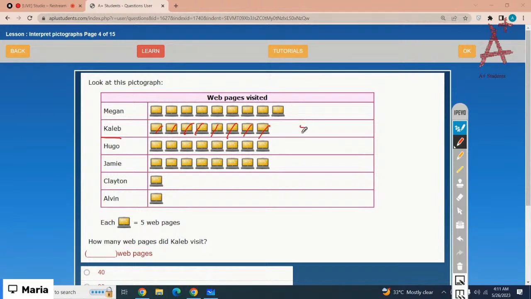That means you have a total of eight computers. You can do 8 times 5 because one computer equals 5 web pages. So 8 times 5 is 40. That means the total web pages are 40. Correct option is 40.